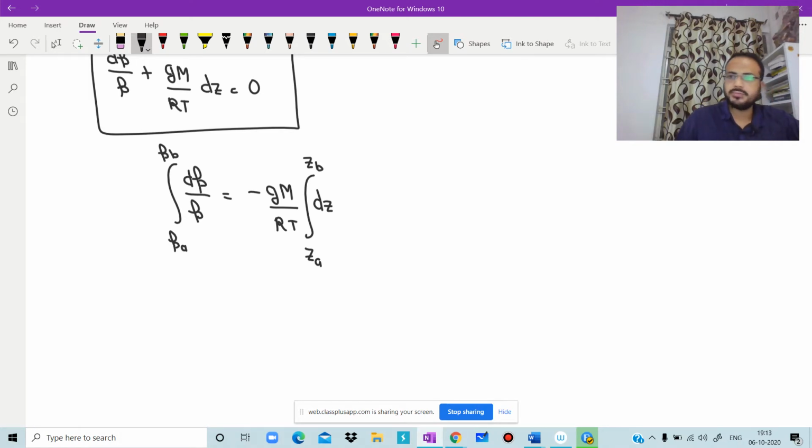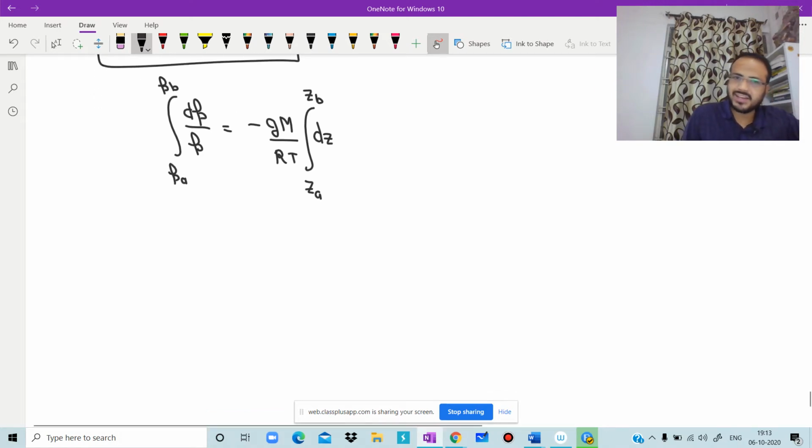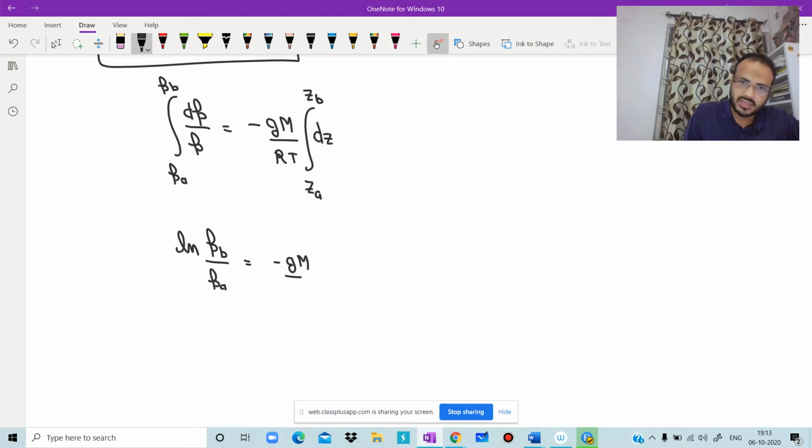Integral of 1 by x is ln x, ln A minus ln B is ln A by B. So we can write ln PB divided by ln PA is equal to minus of GM by RT into ZB minus ZA.